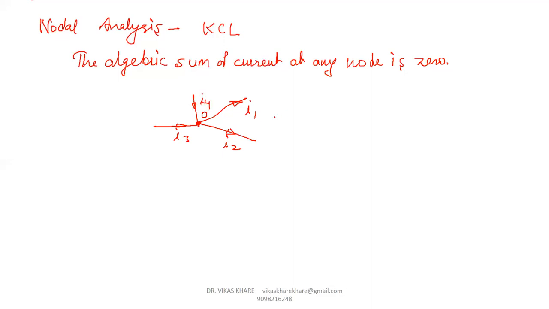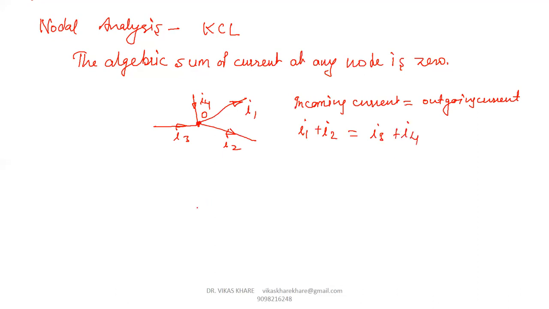According to the concept of KCL, the incoming current is equal to the outgoing current. So in this case, I1 plus I2 is equal to I3 plus I4.